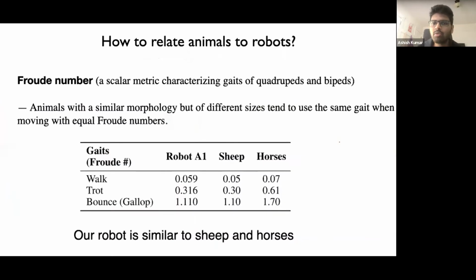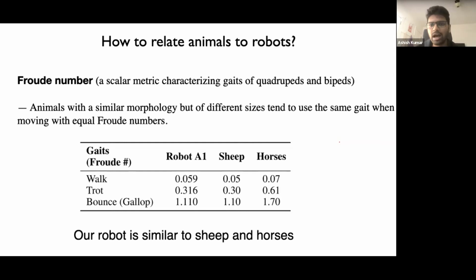But we can do a more quantitative comparison. There's a number called the Froude number, which is used to compare different animals in biology. If different animals have the same morphology but different heights and are walking at different speeds, you can compute a number corresponding to it, which is the Froude number. And animals with the same Froude number should be walking at the same gait.